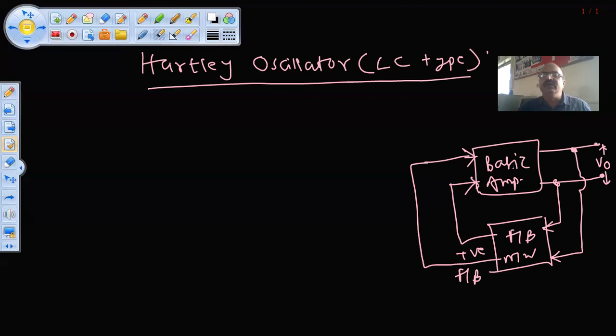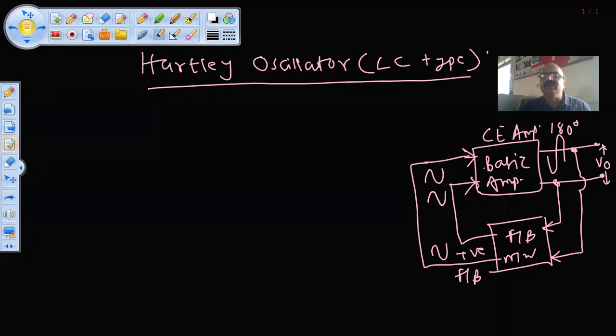Now, if this basic amplifier is a CE amplifier, for example, common emitter amplifier, then as we know, if this is the input, we get this type of output. That is, a 180 degrees phase shift is there. So what is the job of the feedback network? We want positive feedback. Positive feedback means the feedback signal must be in phase with the input signal.